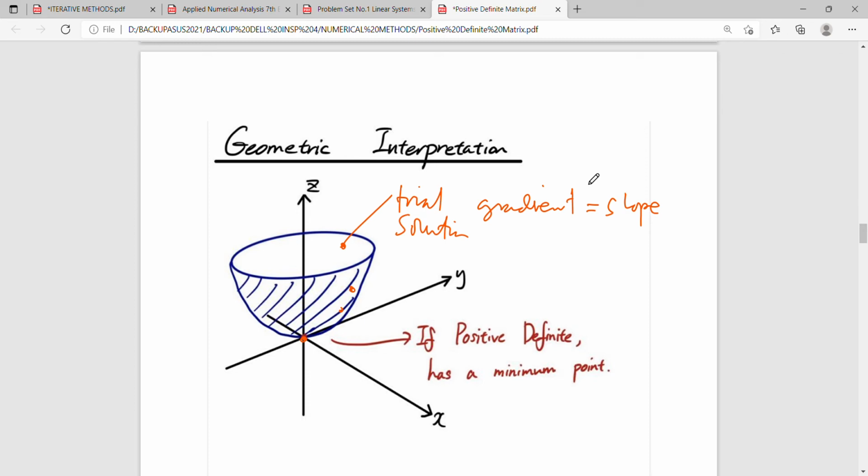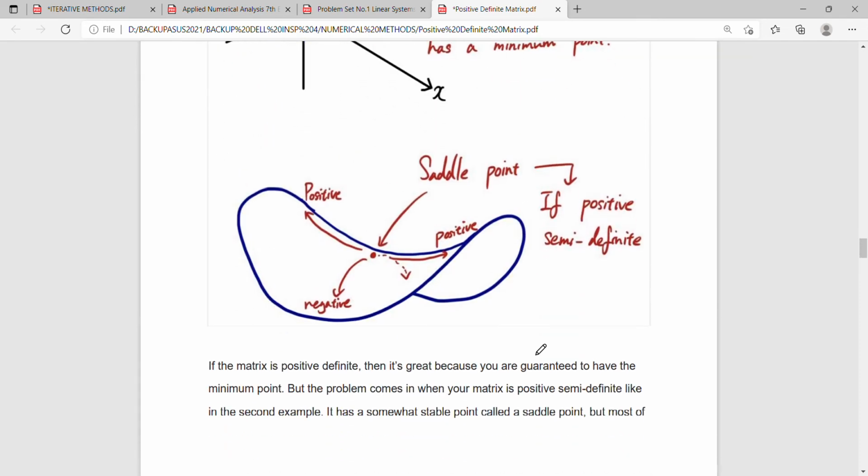So that's how optimization is related to the positivity and definiteness of the matrix, or sorry, of the quadratic form of the matrix. Now, let's look into a saddle shape. The saddle shape is actually a positive but semi-definite matrix.